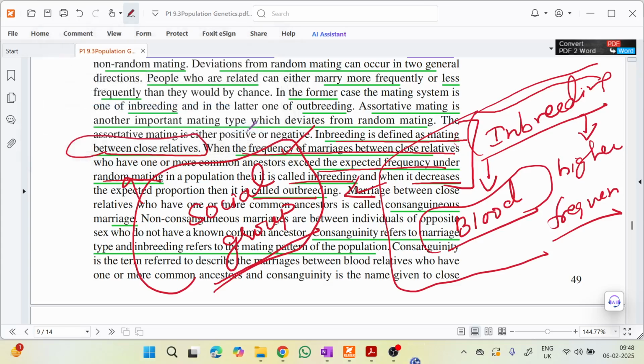Here the whole practice is regulated by caste in the case of South Indian communities, and by religion in the case of the Muslim community. So when this pattern of higher frequency occurs in blood relatives, it is known as inbreeding. And when the same higher frequency occurs between non-blood relatives, it is known as outbreeding.